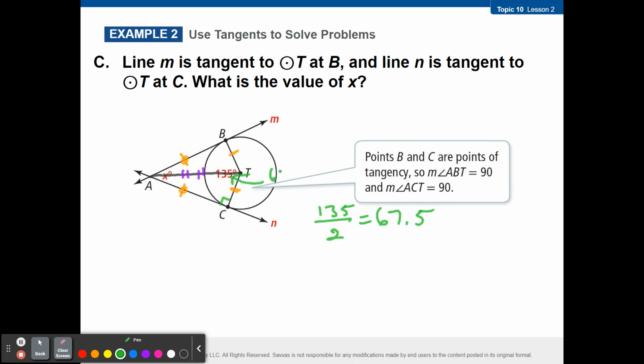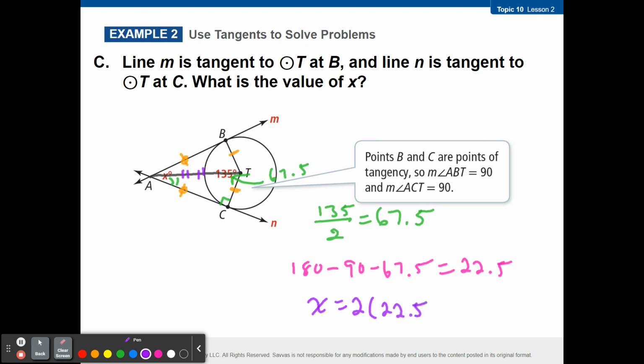This is 67.5. We are going to find this angle right here. So that is going to be 180 minus 90 minus 67.5. What does that give me? 22.5. And if we need x, because we did technically cut it in half, x is going to equal 2 times that, which gives us a total of 45 degrees.